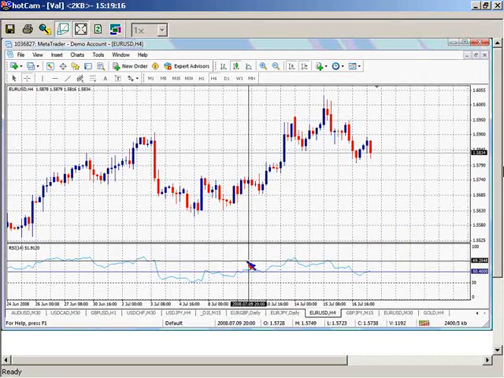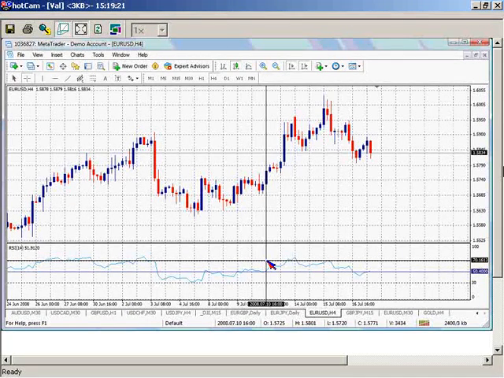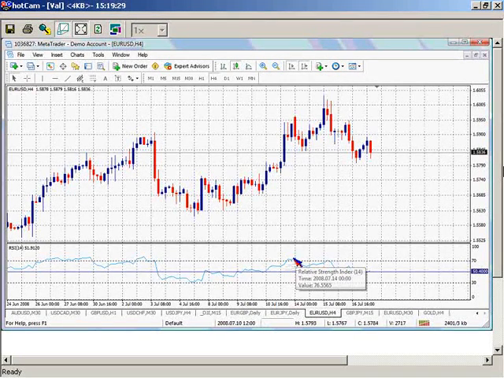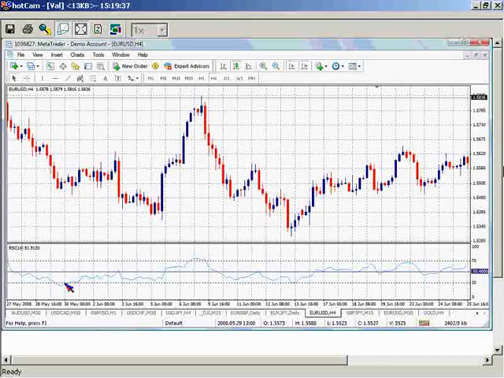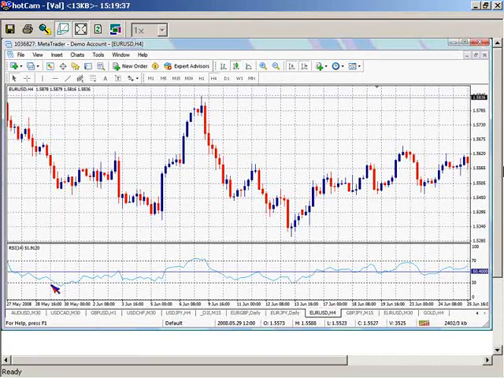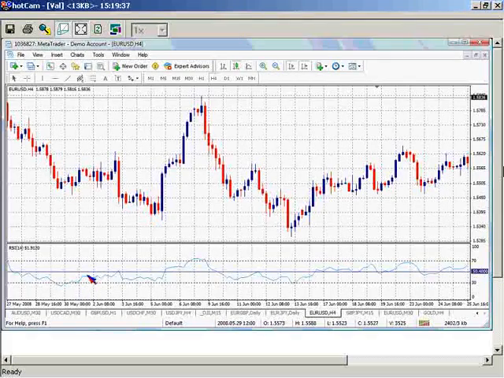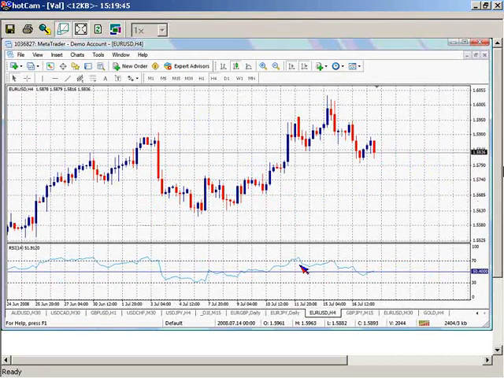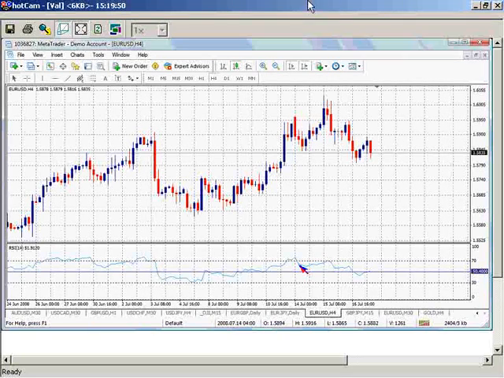Meaning, when the line of the indicator is above the 70 line, we consider the currency overbought, like in this case, and when it is under the 30 line, like here, we consider the currency oversold, okay? So, what's the use for this? Well, this indicator tells us that a probable correction or reversal in trend is about to happen, right?